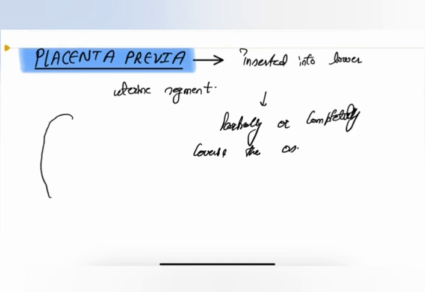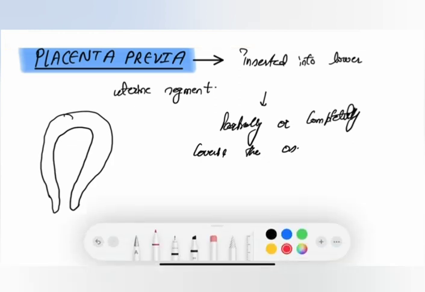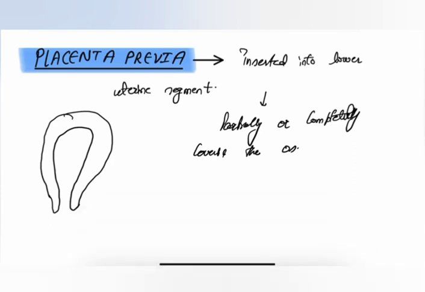Suppose this is our uterus. Normally the placenta is inserted high up in the uterus, like here. In normal condition, the placenta is inserted at the fundus or high up in the uterus. So this is our placenta.